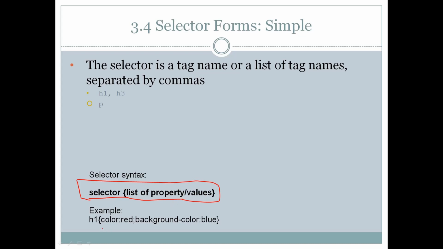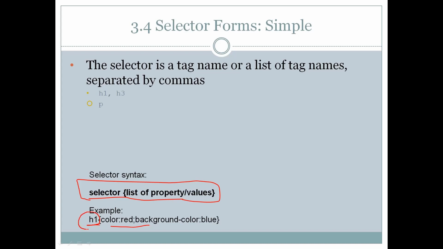One example is h1 { color: red; background-color: blue; }. This is how we can apply the presentation details to the tag h1. By following the same syntax, we can apply presentation details to other tags and their content, with the example that we have seen in the last session. Now the selector used here is a tag name, h1.